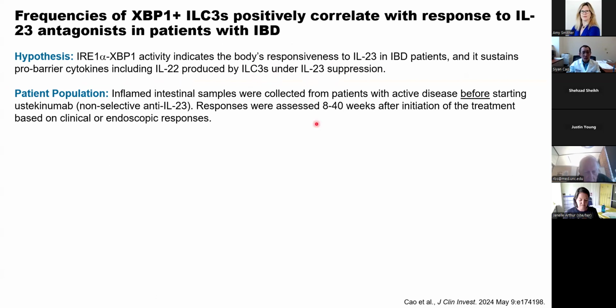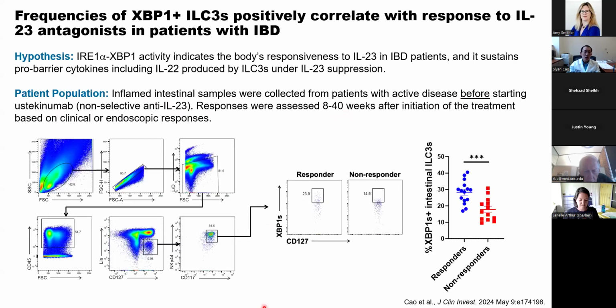So what we did here is we collected inflamed intestinal mucosa from patients with active Crohn's disease before they started using ustekinumab, which is an anti-IL-23 antibody, and we assessed the response 40 weeks after initiation of the treatment.